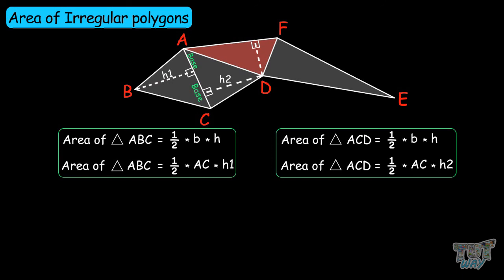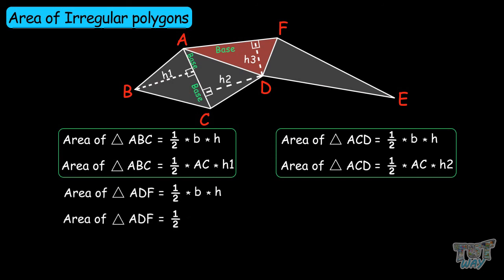You can draw the perpendicular from F to AD or A to FD. Anyhow, from any vertex, draw a perpendicular to its opposite side. So H3 is the height of triangle ADF, and the area will be half times AF and H3.